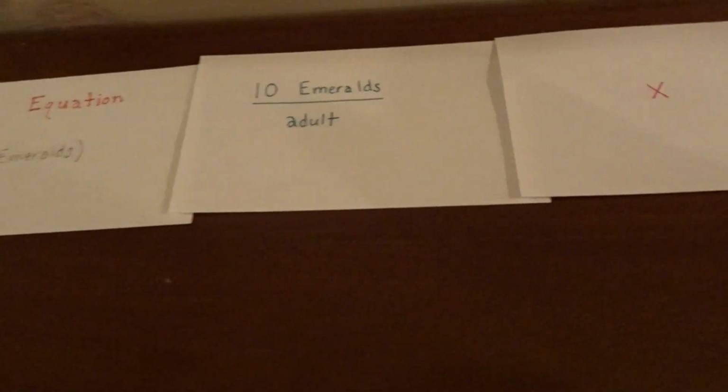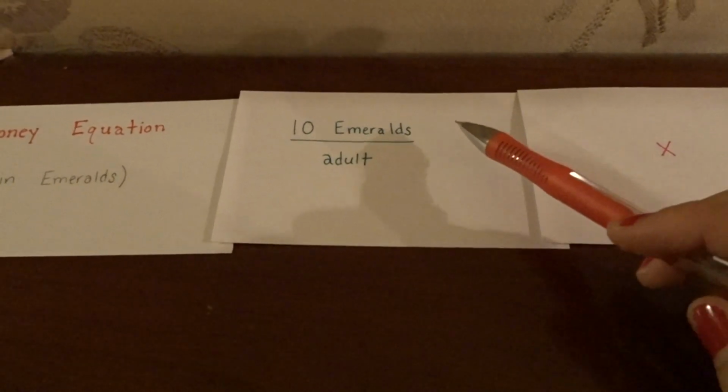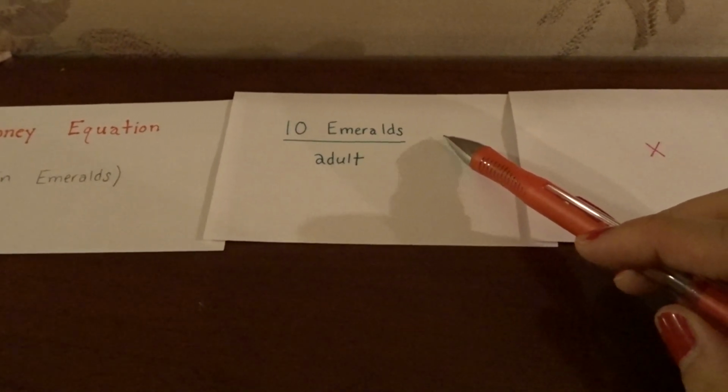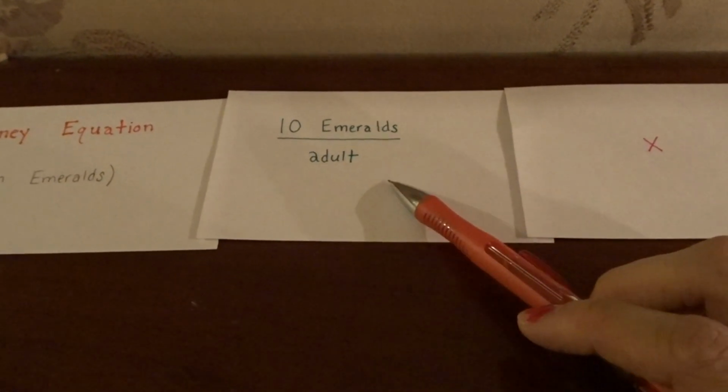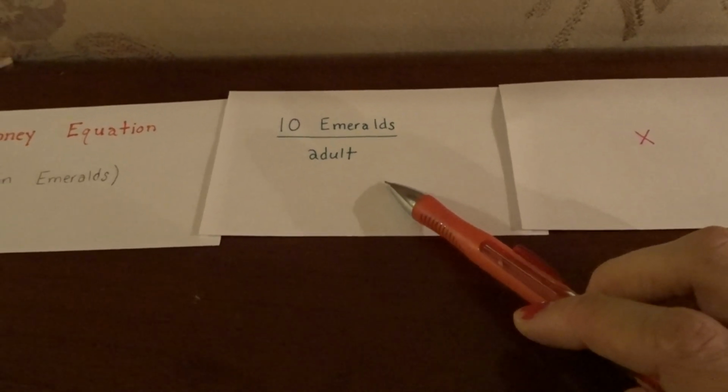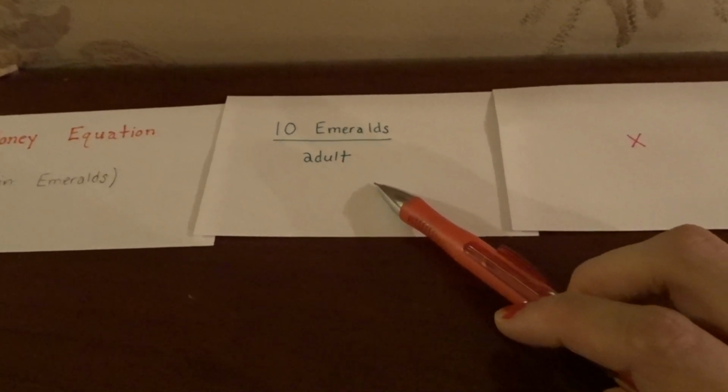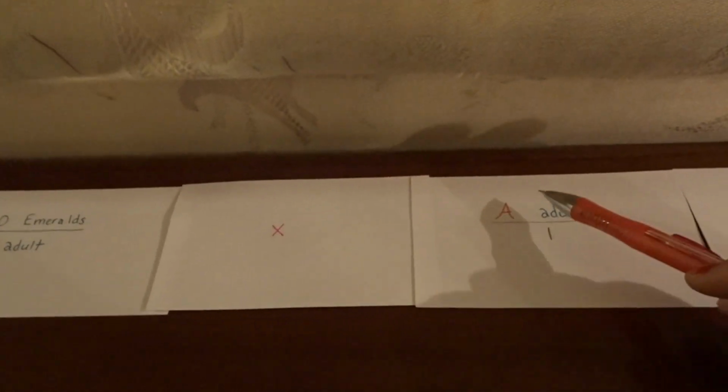So from the word problem, we know that 10 emeralds was the price for one adult ticket. So we're going to take this fraction and multiply it with our variable.